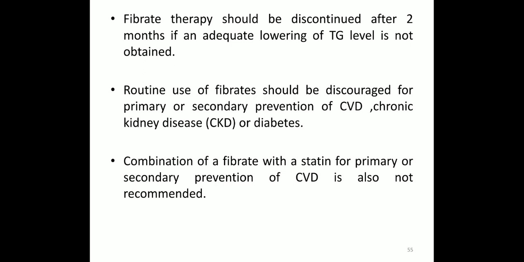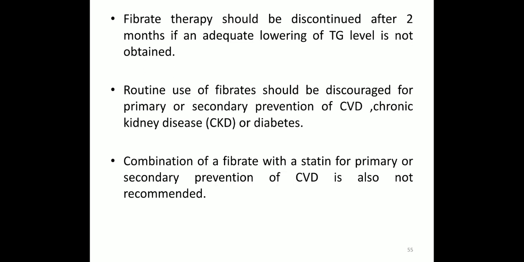Now general consideration of the fibrate therapy. Fibrate therapy should be discontinued after 2 months if an adequate lowering of triglyceride level is not obtained. So whenever you start any fibrate in a patient with hypertriglyceridemia, see that the level decreases or comes to the low normal level within 2 months.